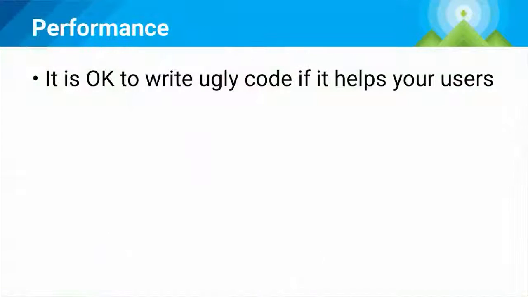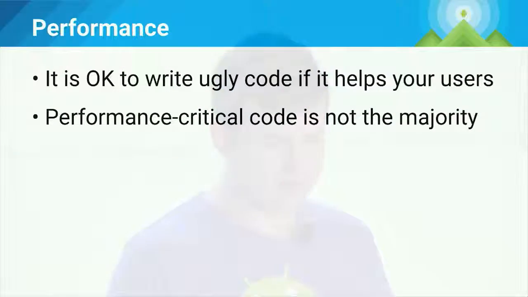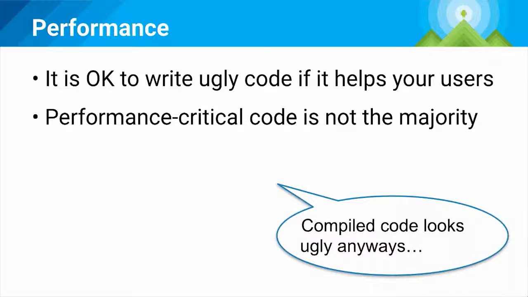But for that very small percentage of your code, it is OK to write ugly code if it helps your users. Your users are not going to see your code. They're going to see your UI. If your UI is ugly because it's behaving badly, that's something they do see. That's something that really does affect their experience. The performance-critical code really isn't the majority. And well, all compiled code looks ugly eventually anyway.